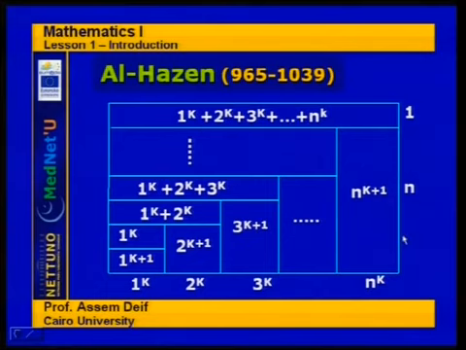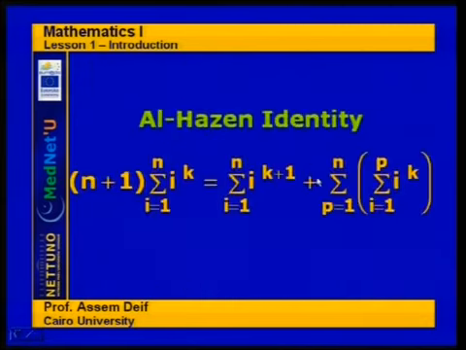What he did is that he constructed a rectangle of height n plus 1, and of base the series 1 to the k, 2 to the k, 3 to the k, until he comes up with the identity: (n plus 1) times the sum of i to the k is equal to the sum of i to the k plus 1, plus the sum over p of the sum over i of i to the p.